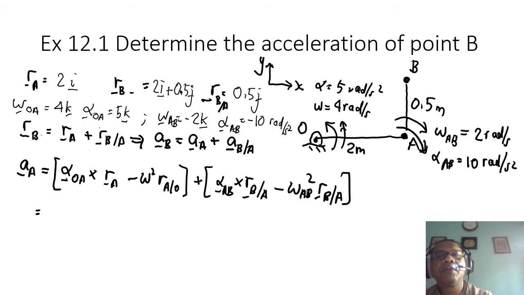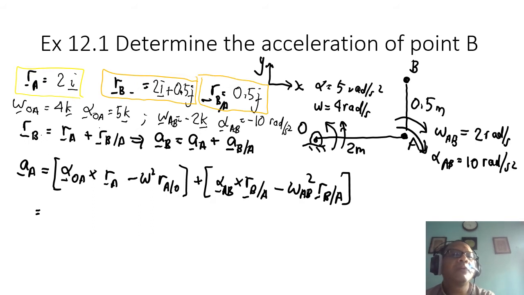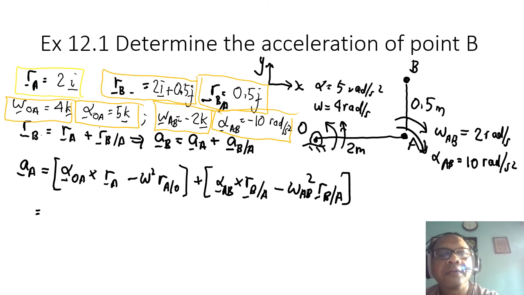So for each block we have these important sets of equations. Let me put this: position vector B relative to A, omega OA, alpha OA, omega AB, and alpha AB. Okay, so it's 10k radian per second square.